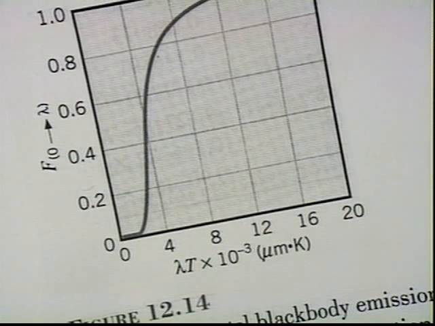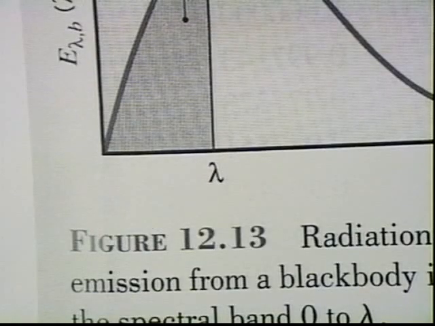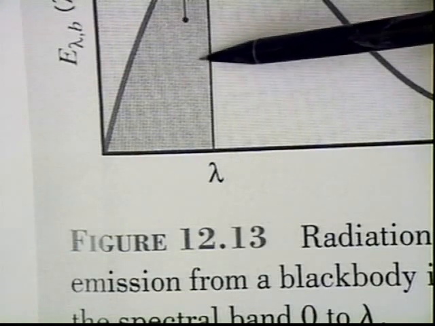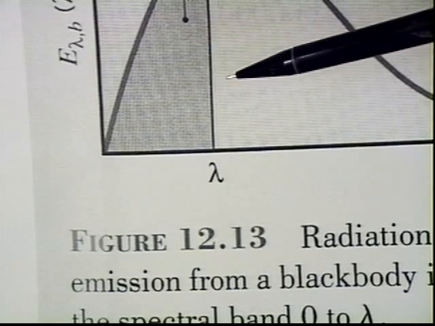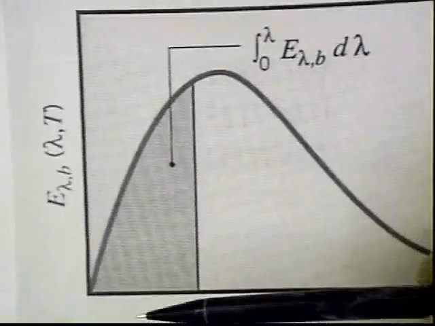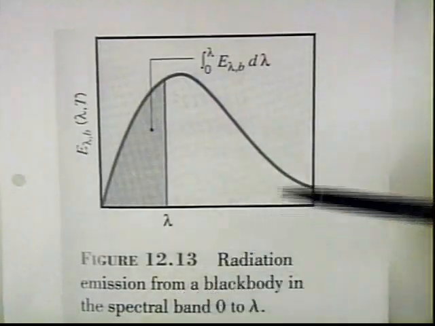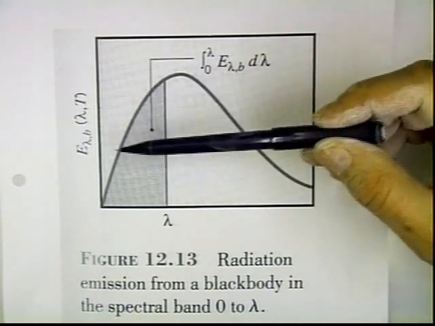Now we can also look at it like this. Here's our spectral emission for a particular temperature, and we can look at the wavelength, and this shaded area over here would represent the band from 0 to lambda. So we have the radiation emission from a black body over here.